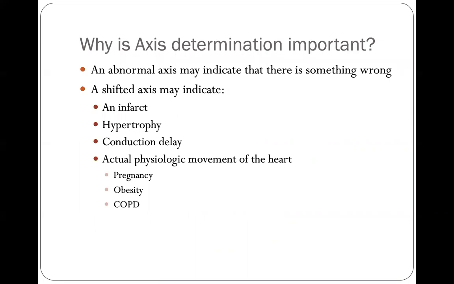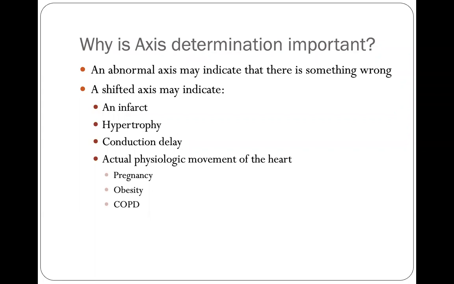And because it's no longer excitable and ions are no longer being transferred within that tissue, it is no longer part of the average. Therefore, the axis will shift away from that portion of the heart.